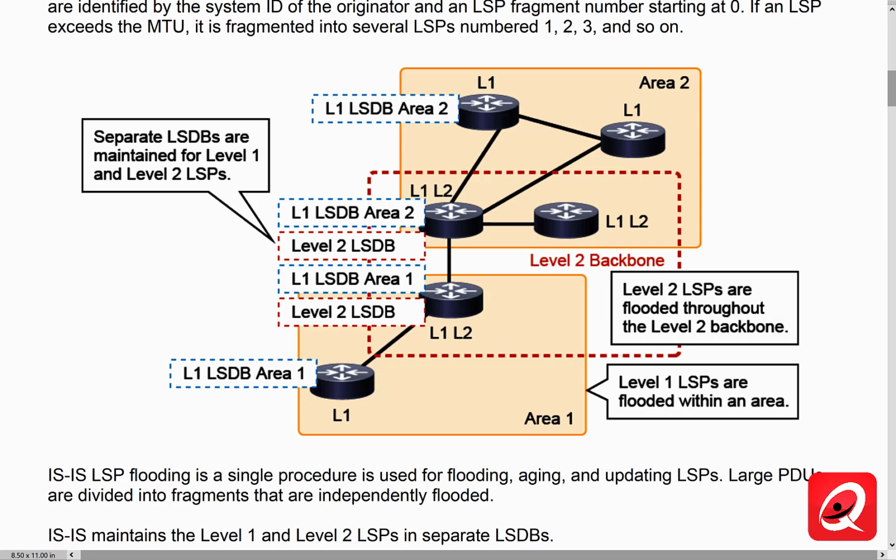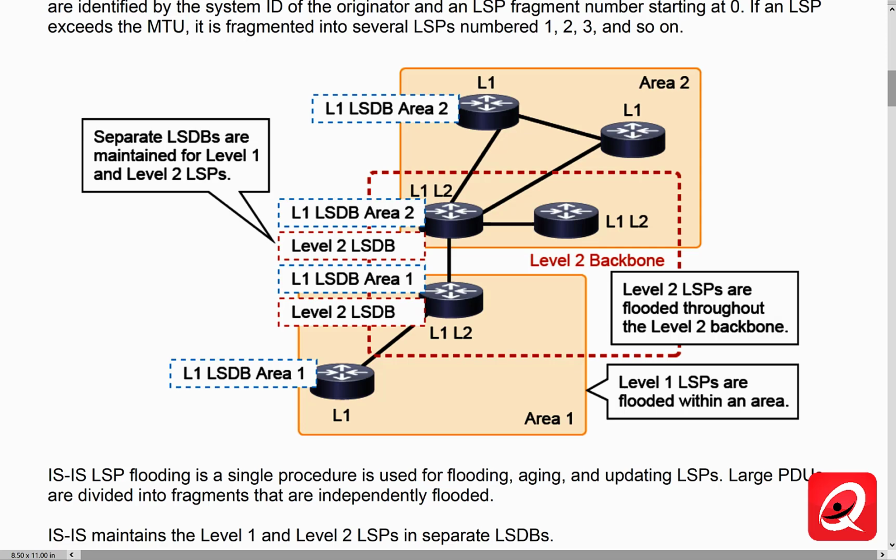If a link state packet is valid and newer than what's in the database, we retain that information. We acknowledge it. We give it a lifetime of 1,200 seconds. If you recall, in OSPF, it was 1,800 seconds. And then that age gets decremented every second until it reaches 0. And then that LSP is considered to have expired.